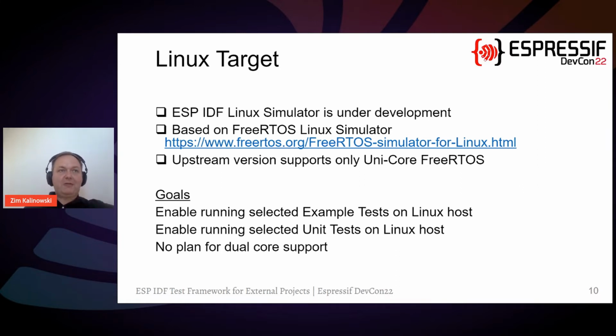So what are our goals for the Linux target? Well, I will start from the end. We don't have a plan to support dual cores. We think that single core support is sufficient to run most of the scenarios that we would like to test just on a Linux host.